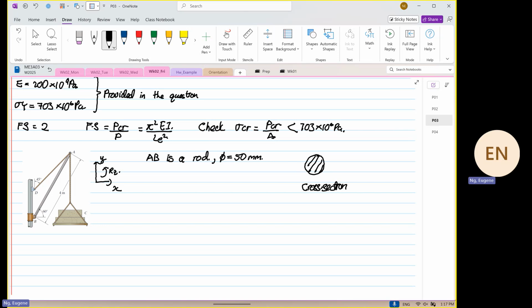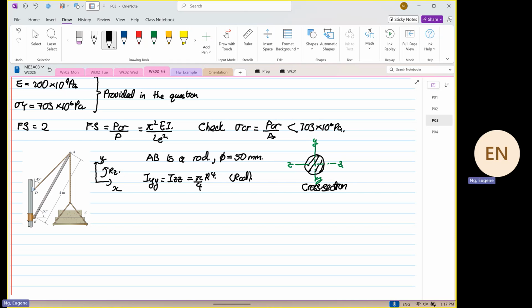If we were to view this in a different plane, this direction is our YY, and over here, horizontally, is our ZZ. We are lucky in the context that IYY is equal to IZZ, which is equal to pi over 4 R to the power 4. And it's the same because it is a rod. Are we clear?